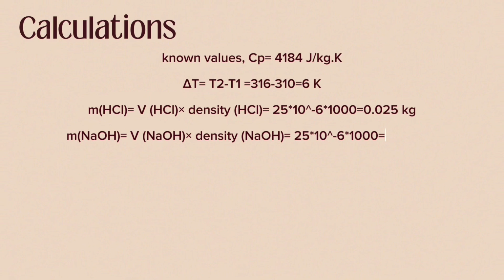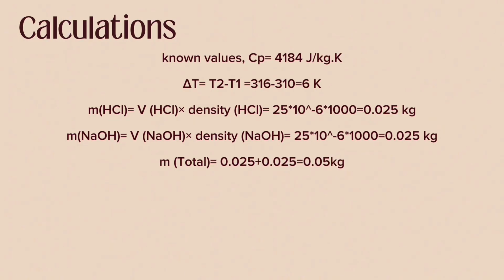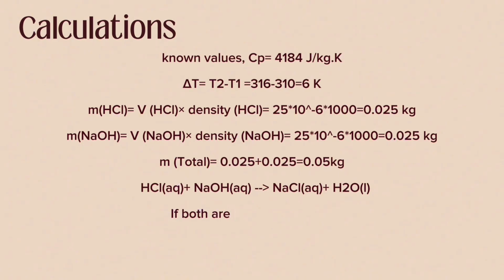And let's see what the mass of the total solution is. The mass of HCl is calculated as volume times density. The volume is 25 ml, and the density of water is used here as it is a diluted solution. Similarly, the mass of NaOH can be calculated, and both have the value 0.025 kilogram, and by adding both of them we get the total mass as 0.05 kilogram.